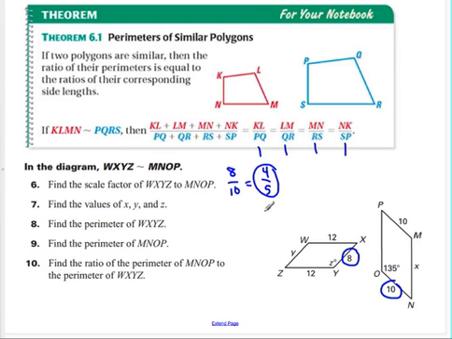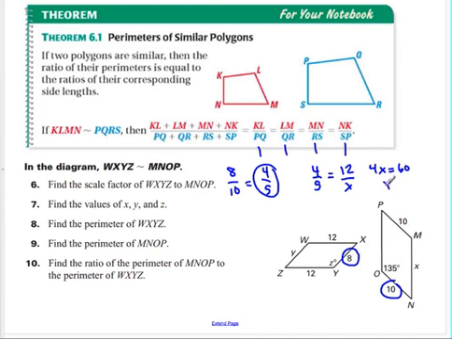Next, I need to find the value of x. What I'll do is set up a ratio here. I'll use my scale factor, 4/5, and compare that to 12/x. Notice 12 is my length on top, x is my length on top. I'll cross multiply, and I'll have 4x equals 60.